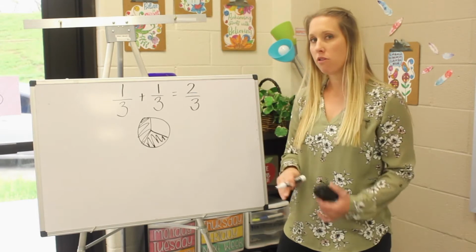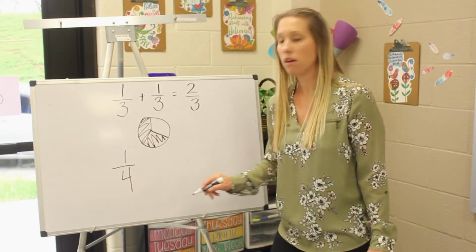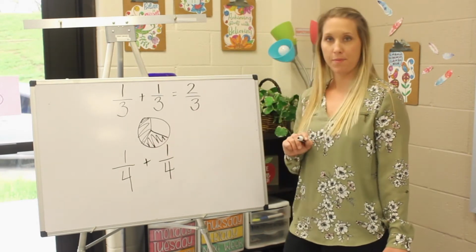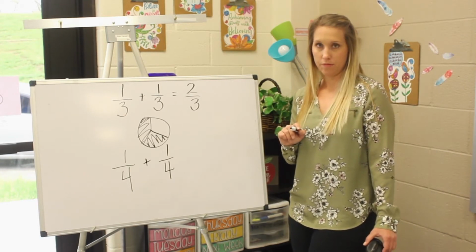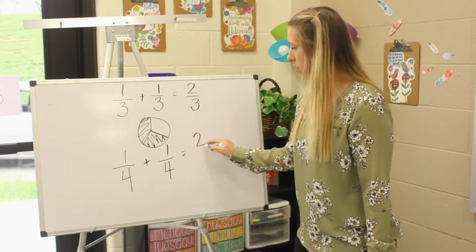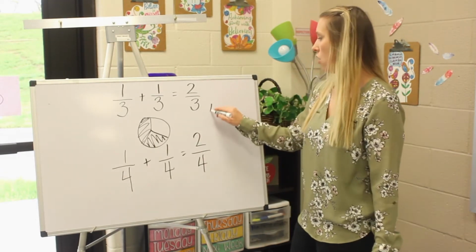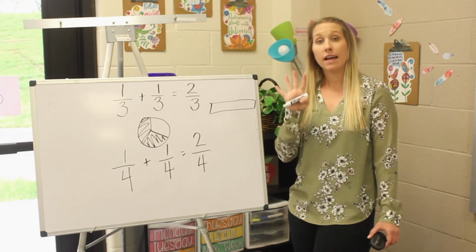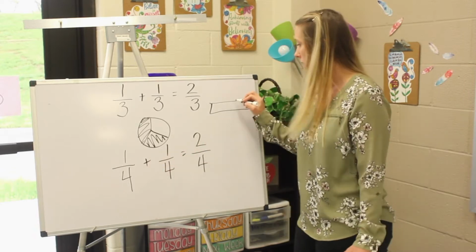I want you to try another one. This time I want you to do 1/4 plus 1/4. Did you get 2/4? Once again, we can model that. Our whole has how many pieces? It has 4. How do we know? Because the denominator is 4.